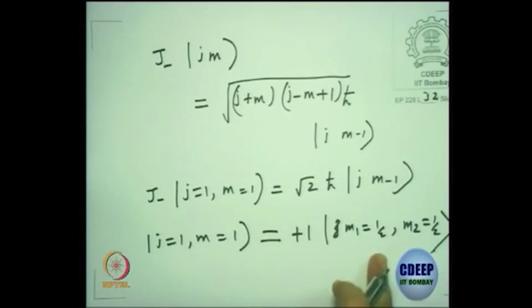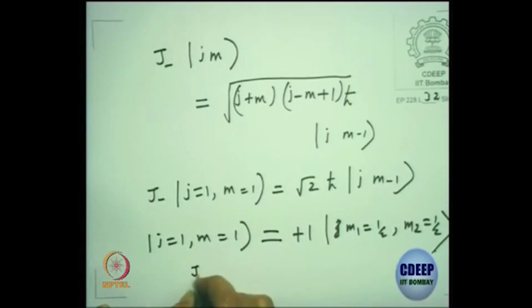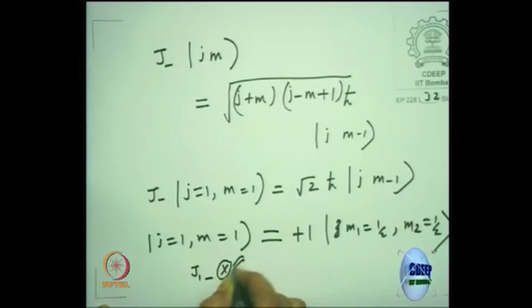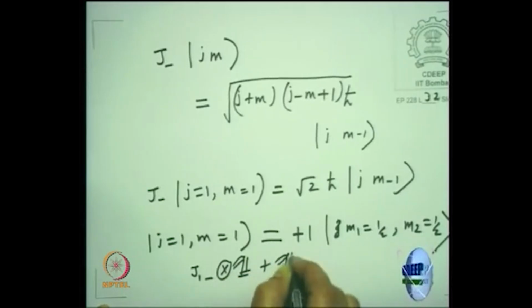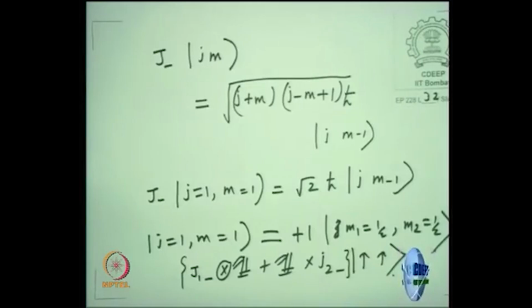On the right hand side, if I want to do the lowering operator, I have to do it as if I am working on the uncoupled basis. The lowering operator there will be J1 minus cross identity plus identity cross J2 minus. You have to do that on the up state.